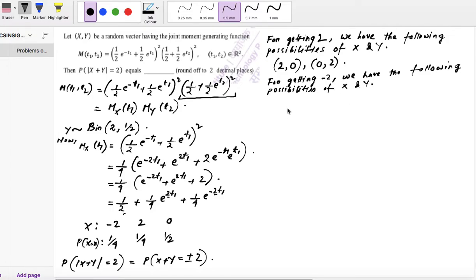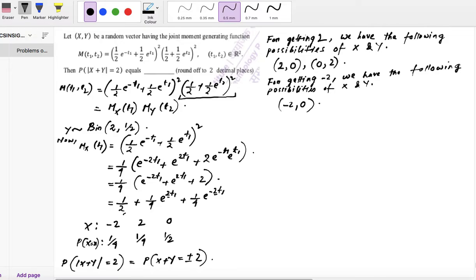Only one possibility: we write the pair (-2, 0), for getting minus 2 if we add X and Y.